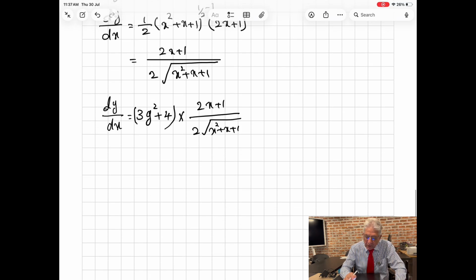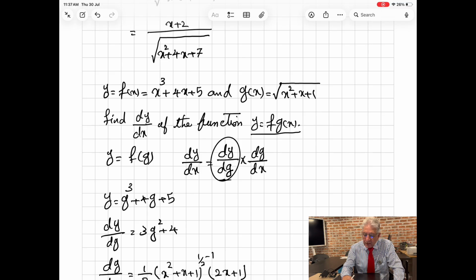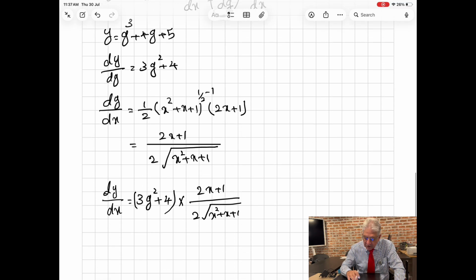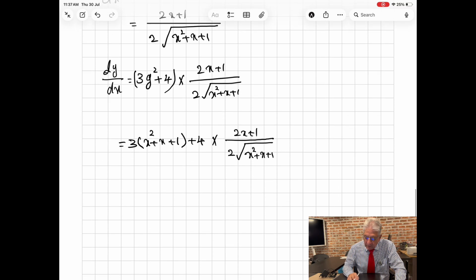Now, we know that g of x is equal to the square root of x squared plus x plus 1, therefore g squared will change this to 3 times (x squared plus x plus 1) plus 4, times 2x plus 1 divided by 2 square root of x squared plus x plus 1.